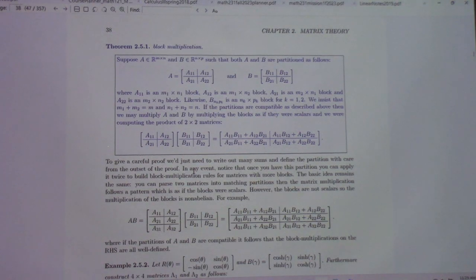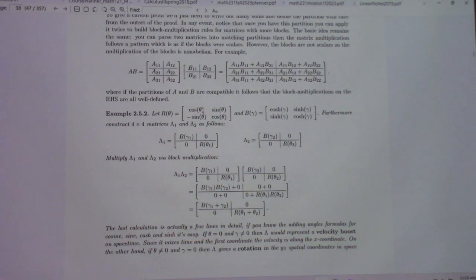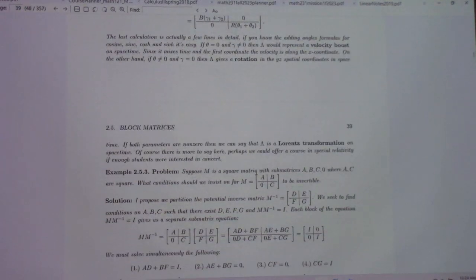You can't just commute the blocks, of course, because those are matrix products, but otherwise it's pretty awesome. Like I can make this 4x4 matrix with a boost and a rotation here. Boost is a velocity transformation. And when I multiply these, I get products of boost with boost and rotation with rotation. So there's a fun physicsy example.